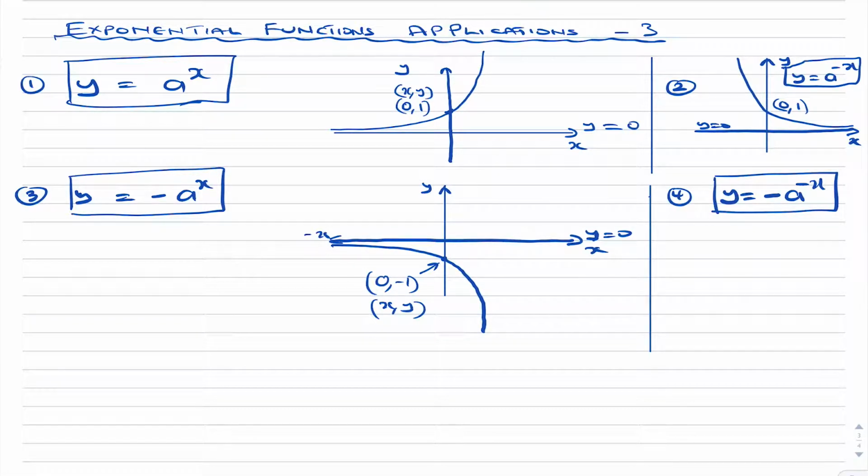To sketch this one, it's similar to the one above, but that graph is a reflection on the y-axis. So it'll be coming up here, and then coming exponentially, a decreasing function, going down, approaching the line of asymptote there, y equals 0, because the constant is 0.